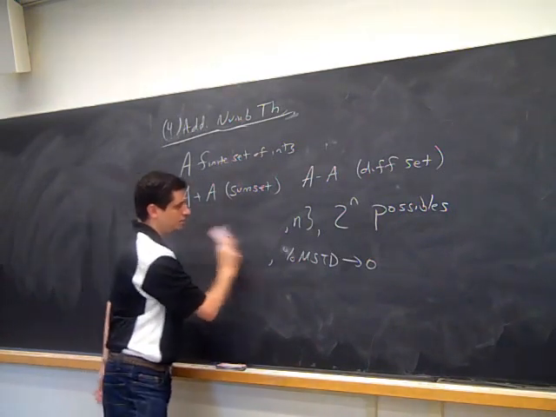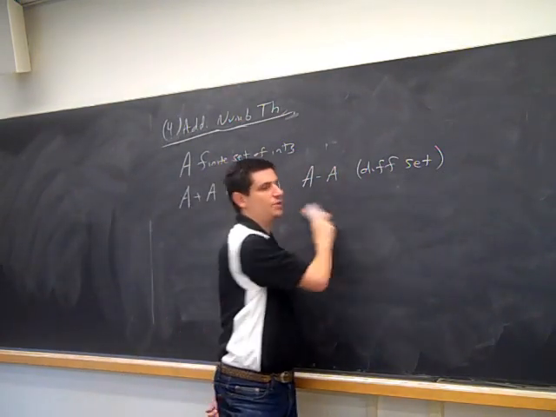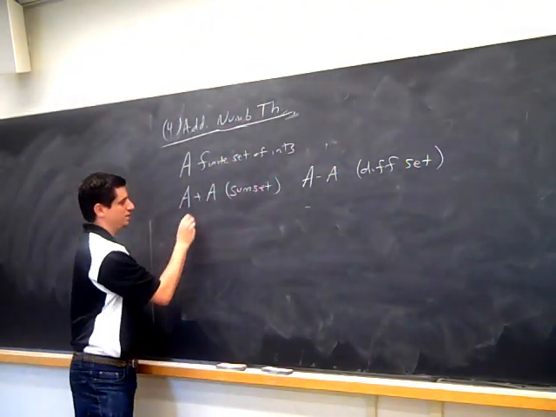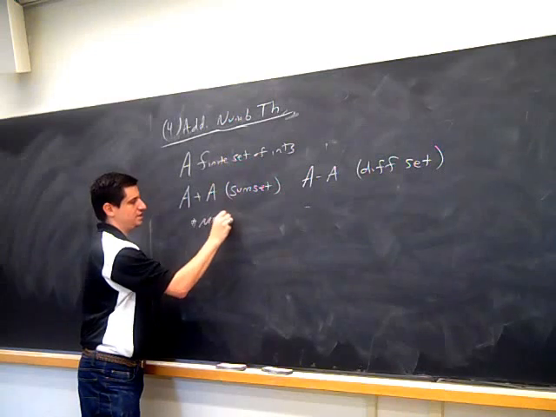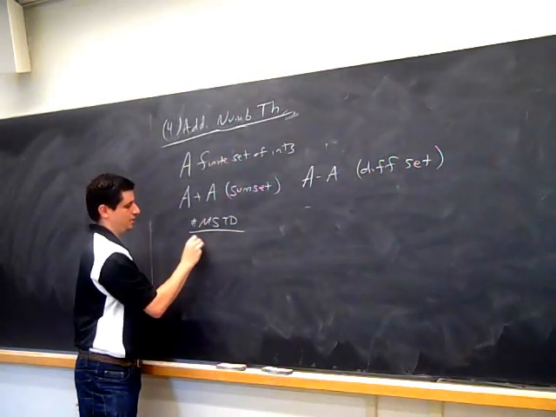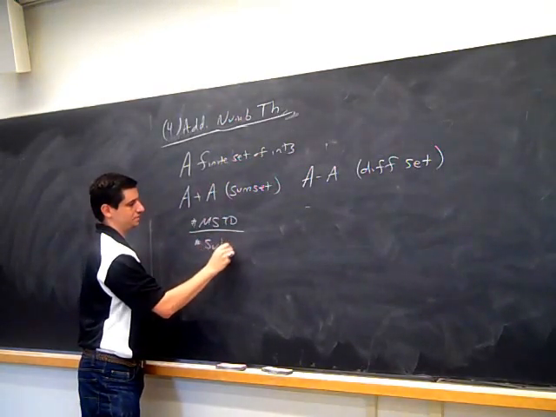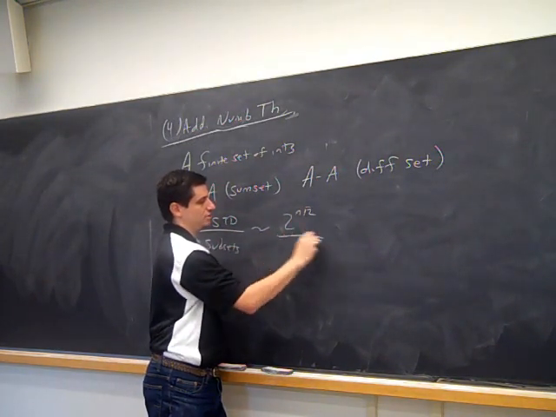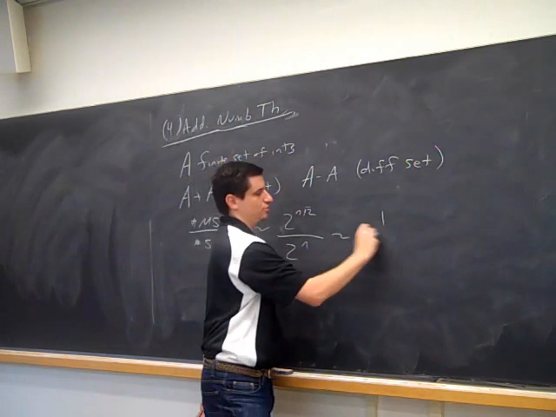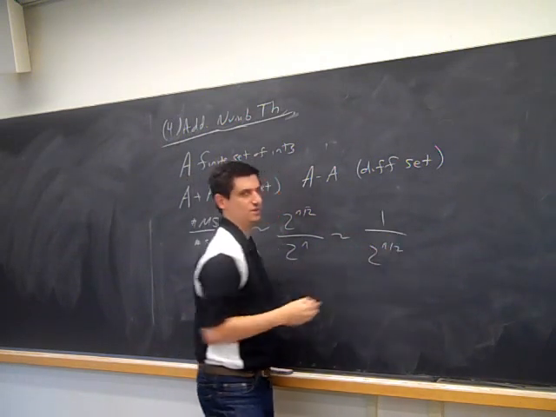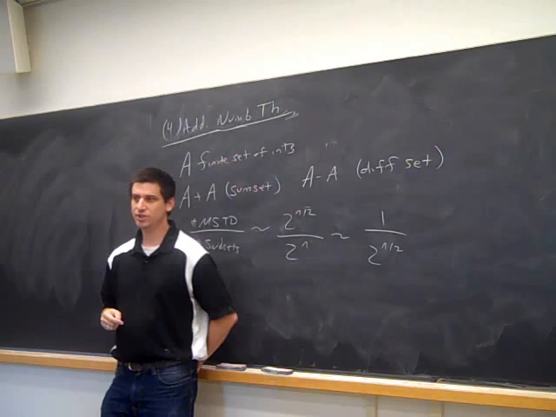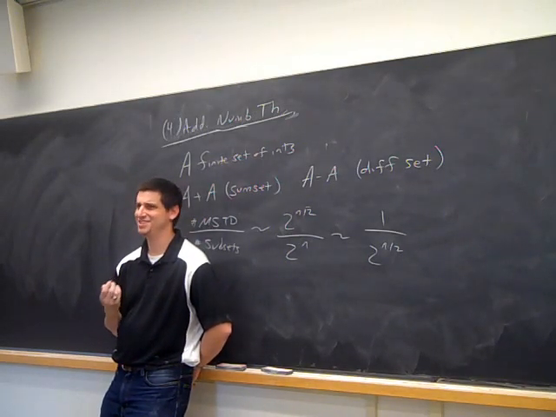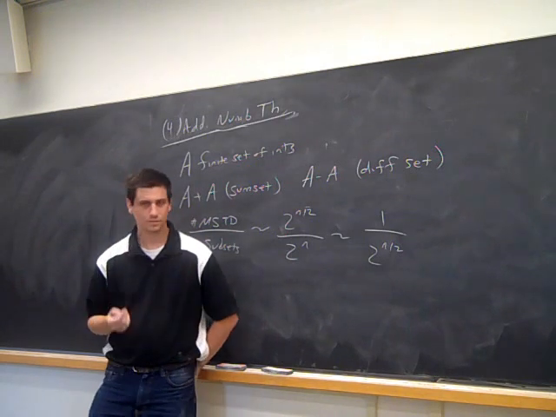Until I started looking at this with one of my undergraduates at Brown, basically the best we could do was the number of MSTD sets over the number of subsets was something like 2 to the n halves over 2 to the n, so roughly 1 over 2 to the n halves. It'll give you infinitely many, it will give you these large infinite families, but this is very unsatisfying.